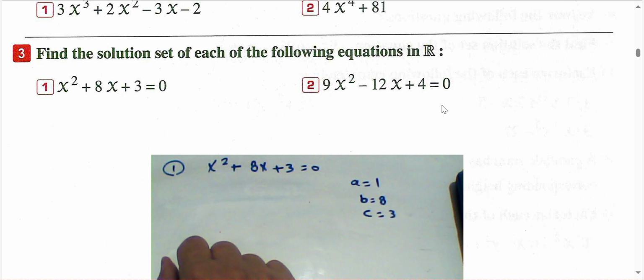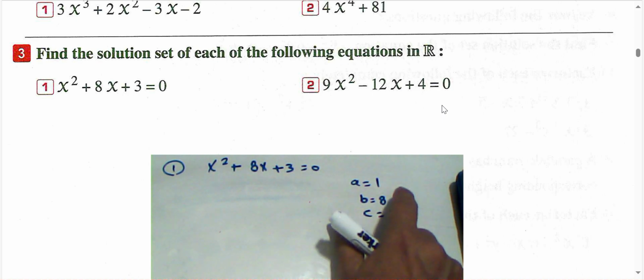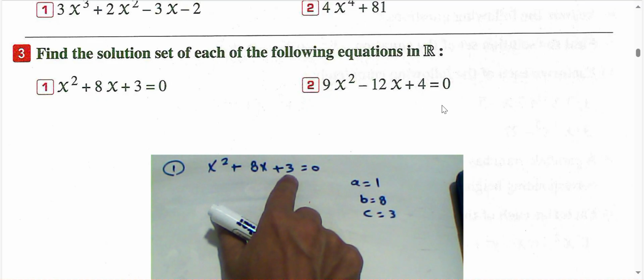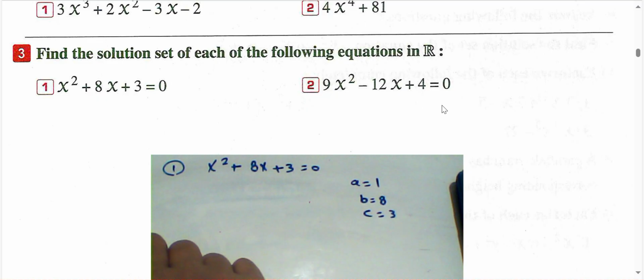We want two numbers. Here we could write 8 equals 3 plus 5, or 3 equals 2 plus 1, to factorize the expression.